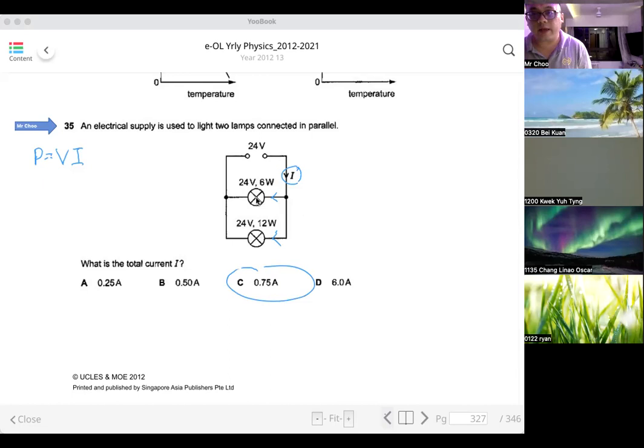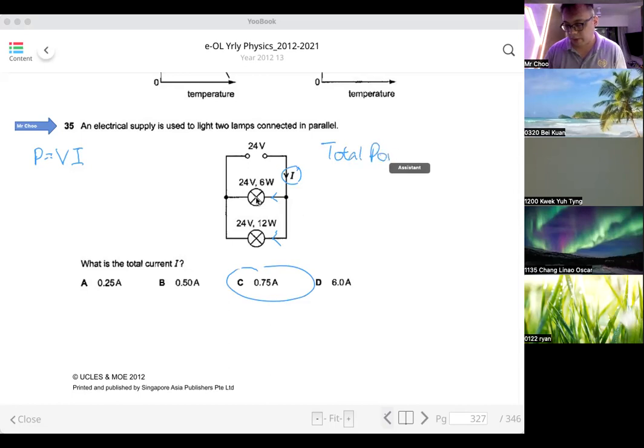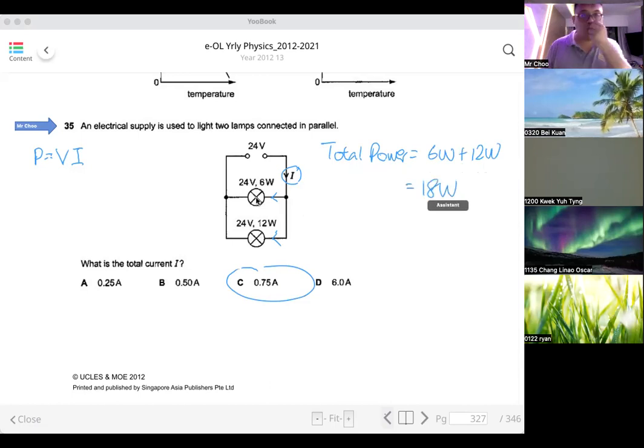However, I see that Ryan and Chelsea used another method. What they do is they find the total power. In this case, it will be 6 watt plus 12 watt equal to 18 watt. And you see that this whole circuit is powered by a 24-volt battery. Is that clear?